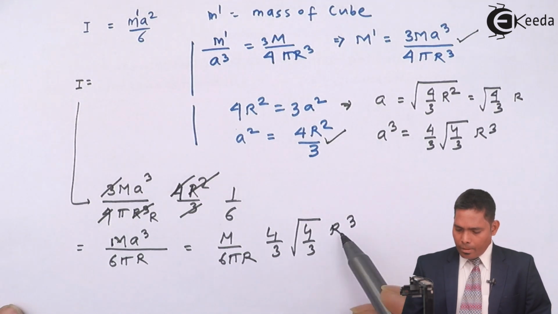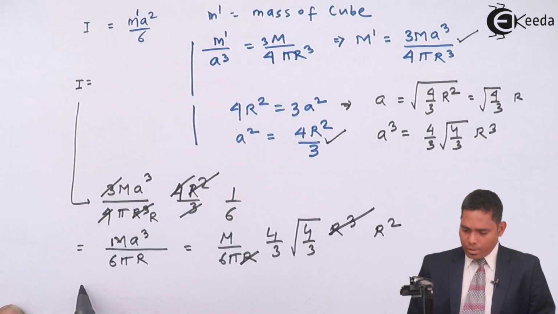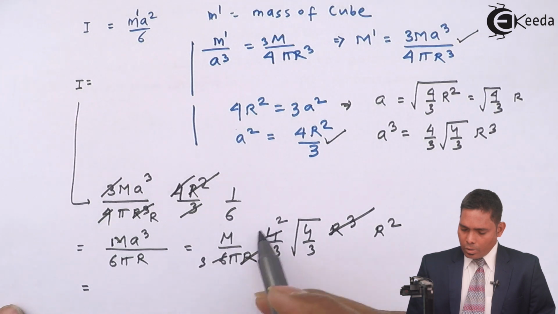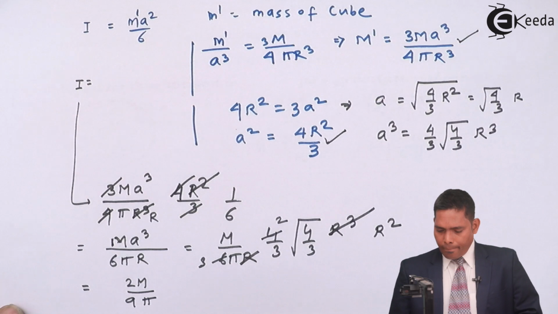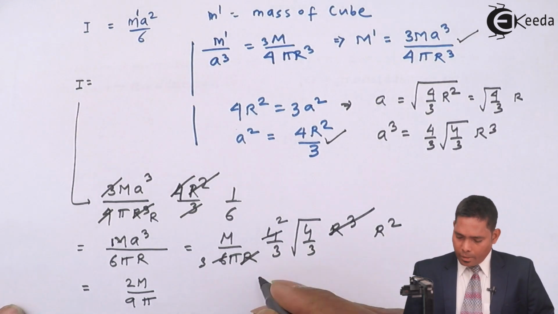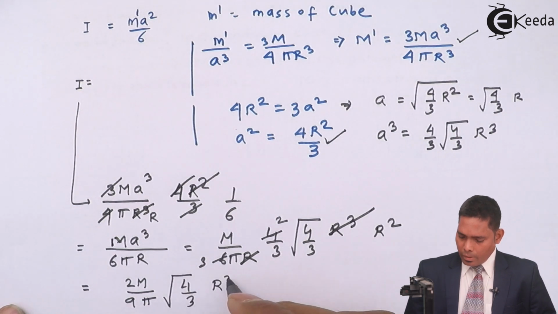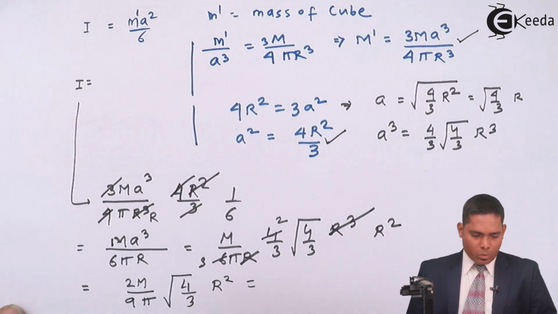So r cube will cut and r square is left. So the answer will be, 4 is there, so 2 2s are, 2 3s are, 2m by 9 pi times root of 4 by 3 times r square, which 2 can be taken out.